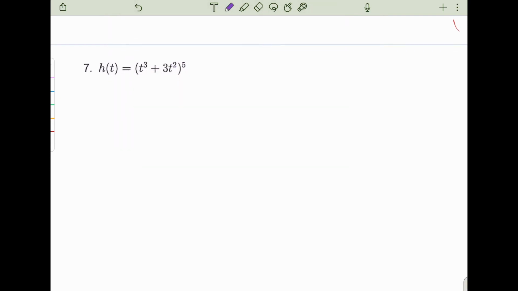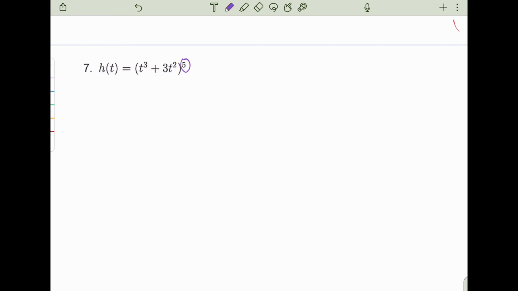So now let's take a look at this function. This is h equal to (t cubed plus 3t squared) to the 5. And we recognize that the function applied in the most outside is this power function.